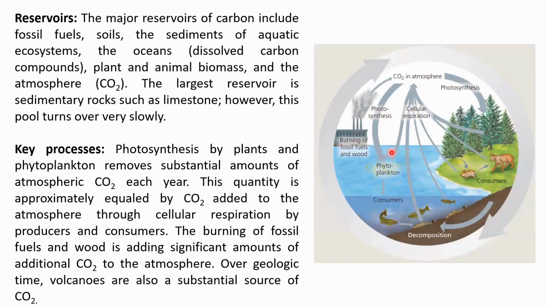This converts the carbon dioxide to the organic form that can be used by the consumers. The consumers utilize these organic forms of carbon, and upon decomposition of these organisms, carbon is released back into the atmosphere.